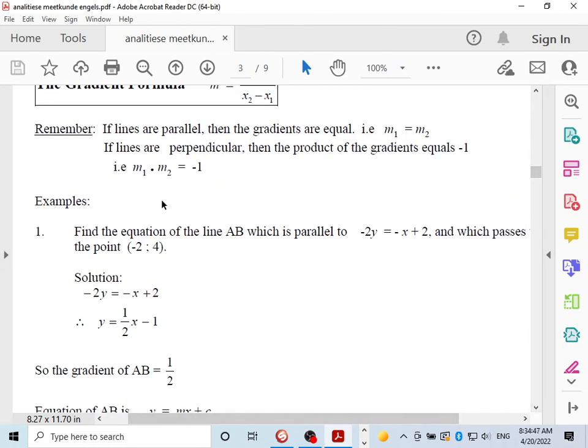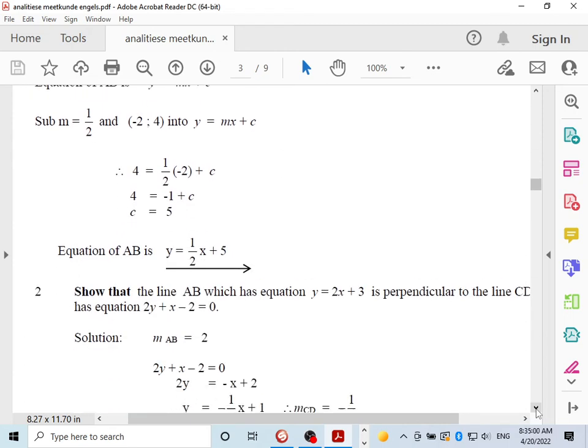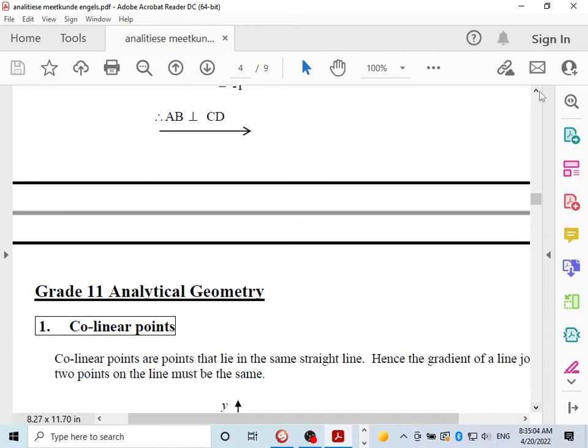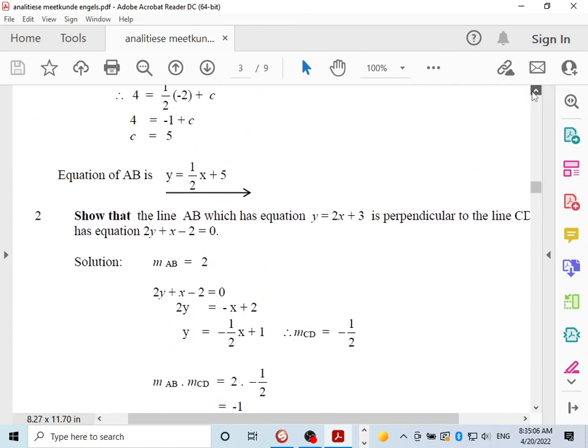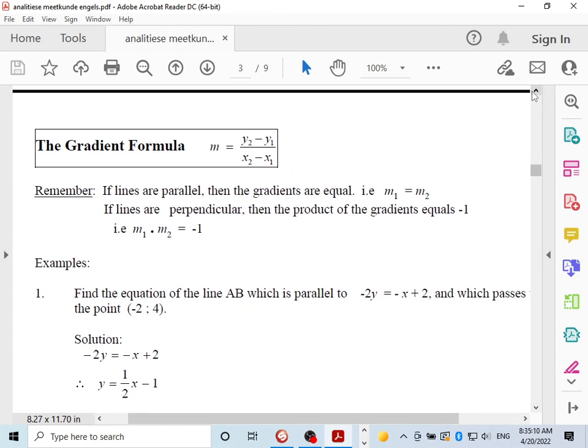They will tell you, for example here, find the equation of the line AB, which is parallel to that. Okay, I don't want to do that one right now. Let me just quickly tell you. What can happen is they can give you 2 coordinates.